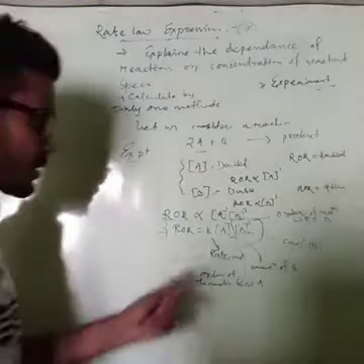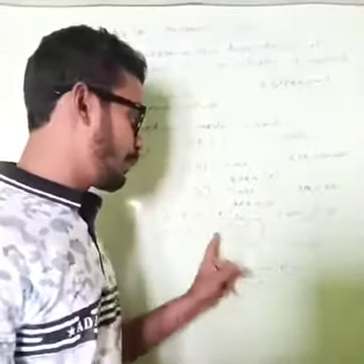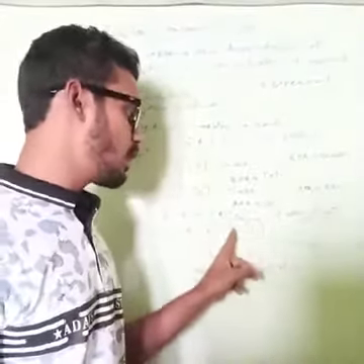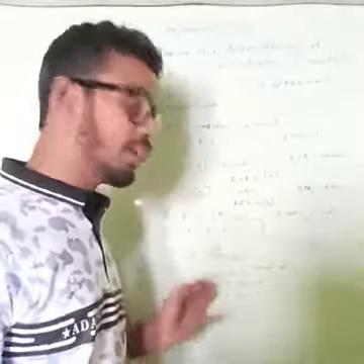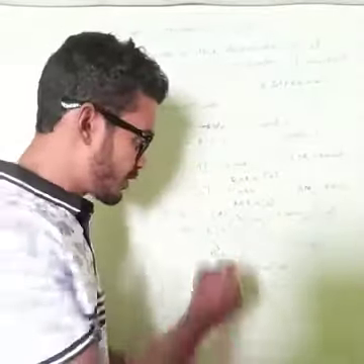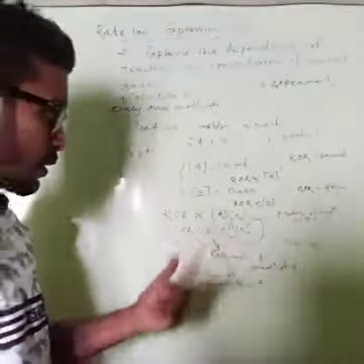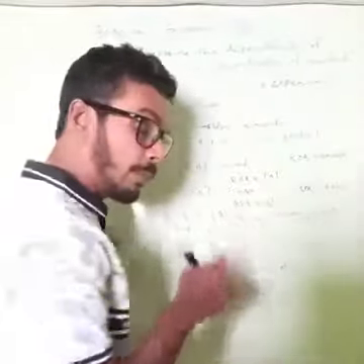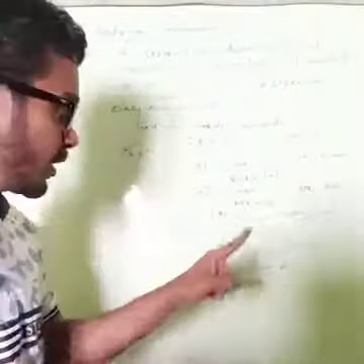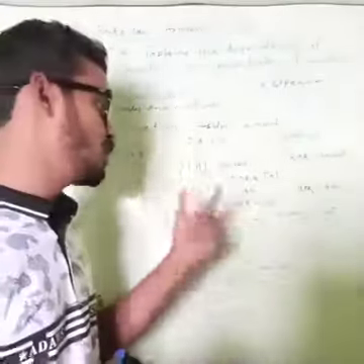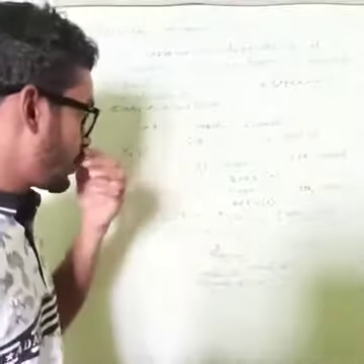So rate law is nothing but the product of the concentrations of the reactants to some power, which may or may not be equal to its stoichiometric coefficient. What are stoichiometric coefficients?